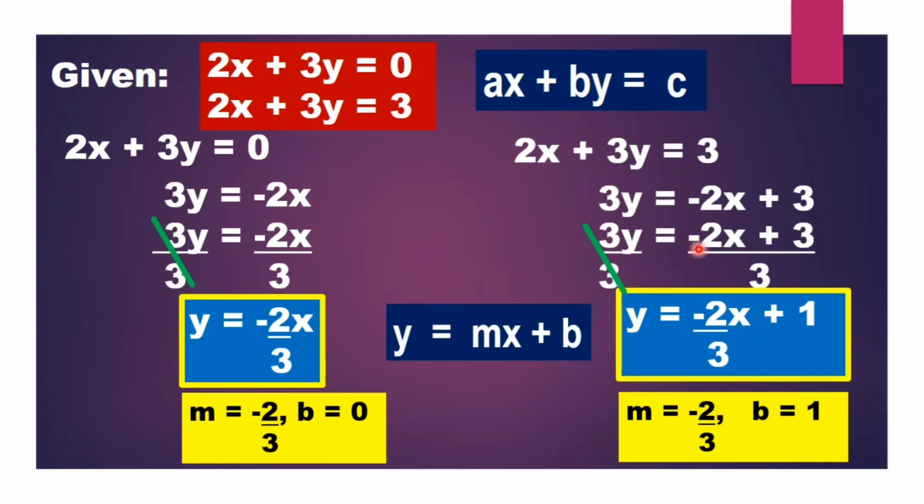Then negative 2 over 3 x, 3 over 3 is 1. So y equals negative 2/3 x plus 1. So ang slope mo dito ay negative 2/3 at ang y-intercept ay positive 1.